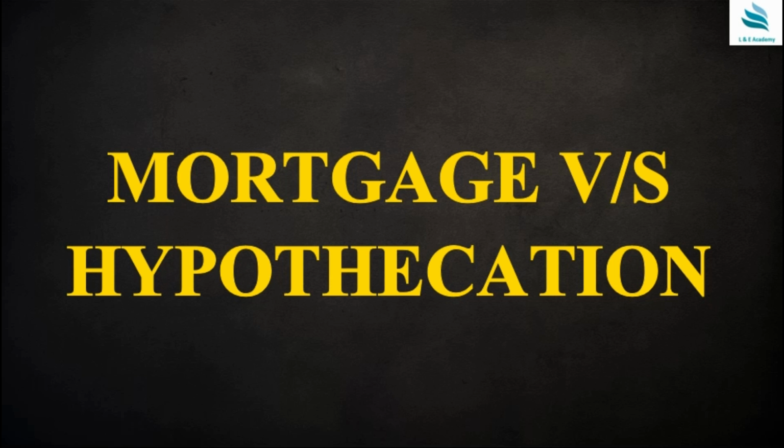Non-movable asset means a house, a piece of land. While hypothecation, we have already spoken about, is for movable assets such as a vehicle. So, a very simple example of mortgage is your home loan. In case of mortgage, your home is kept with the bank as security. So, if you're not able to pay the loan, the bank will take the possession of your house and will sell it to recover the loan amount.